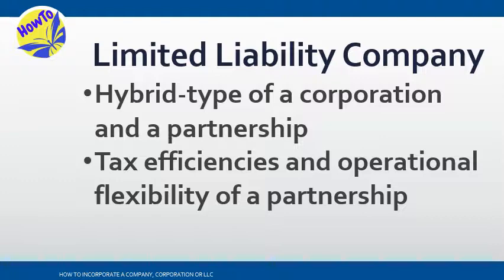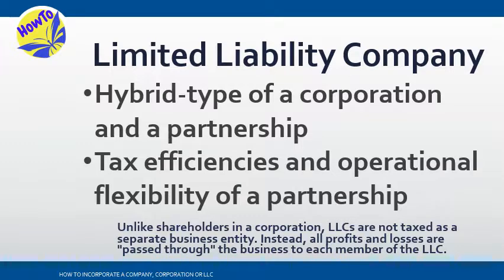In other words, it doesn't pay taxes as a company. Tax efficiency and operational flexibility of a partnership are both available to an LLC. Unlike a corporation, LLCs are not taxed as a separate business entity. Instead, all profits and losses are passed through the business to each member of the LLC.